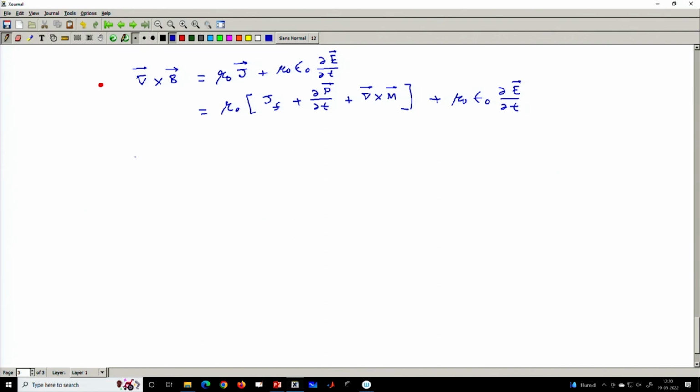Now I rearrange. So, I have curl of B, I just divide everything by mu 0, and then I put this curl this side.